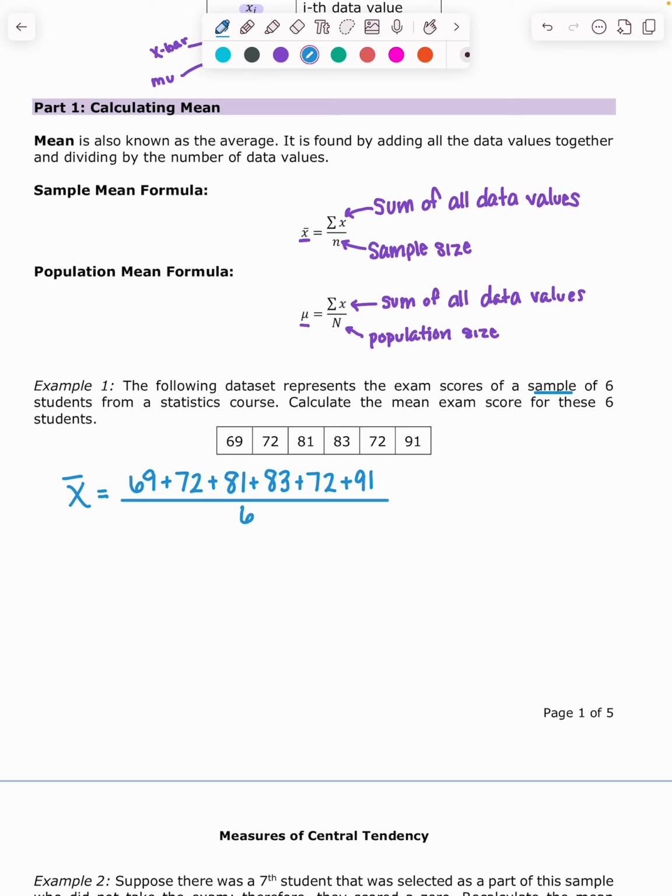Now, it's really important that we remember our order of operations. We want to make sure we do all the addition before we divide. So if it helps you to remember, that top part should go in parentheses. So I'll give you a second to do that calculation. And you should get 78.